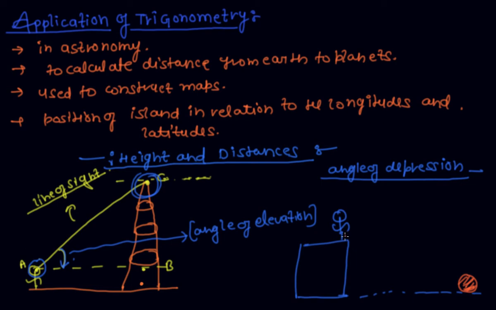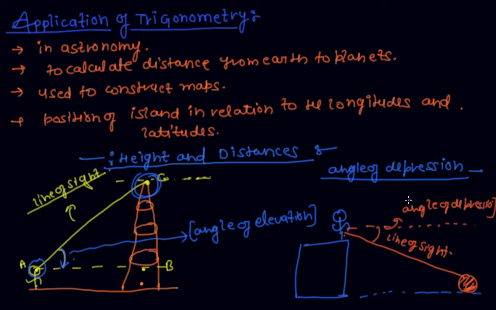So the angle formed by line of sight with the horizontal is called angle of depression.